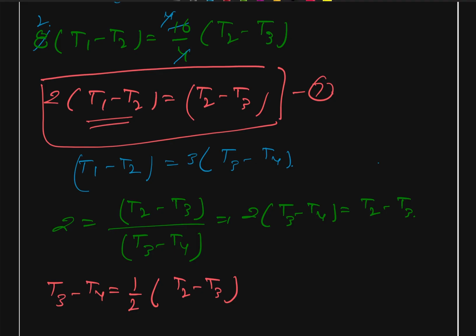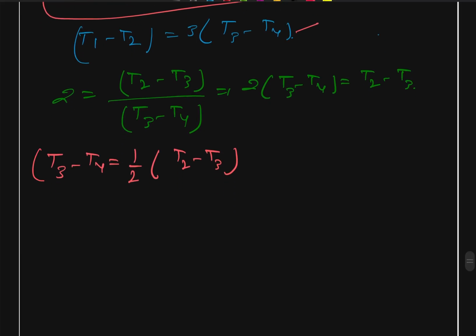So this is the temperature difference between them, and we can also write that T3 minus T4 will be equal to 1 by 3 T1 minus T2.